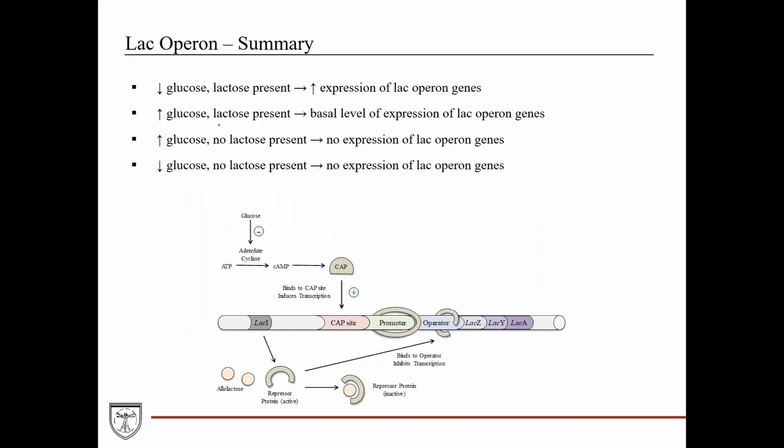Now, if you have increased glucose and lactose is present, what's going to happen is that you'll have glucose here, which will block adenylate cyclase. You'll have decreased cyclic AMP, decreased CAP binding, decreased binding of the RNA polymerase to the promoter. However, since lactose is here, you're going to get some allolactose. It's going to come in and bind this repressor, and you're going to inactivate this repressor, so you're not going to have this binding to the operator.